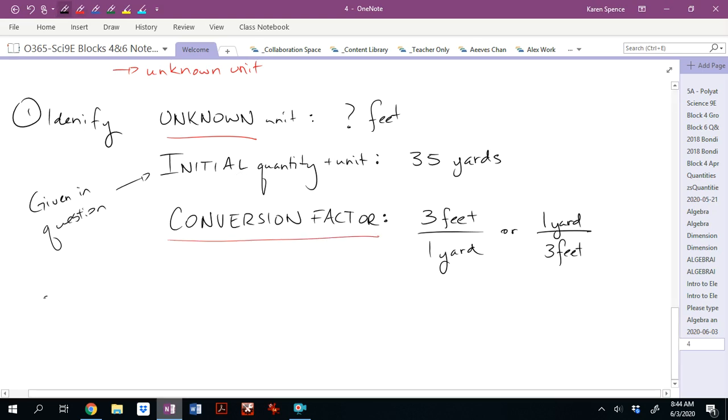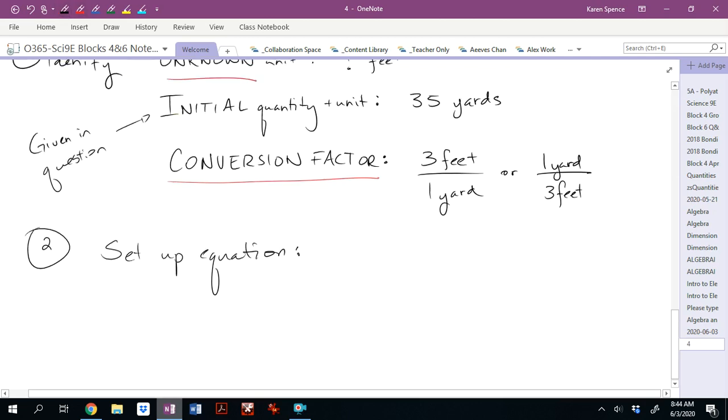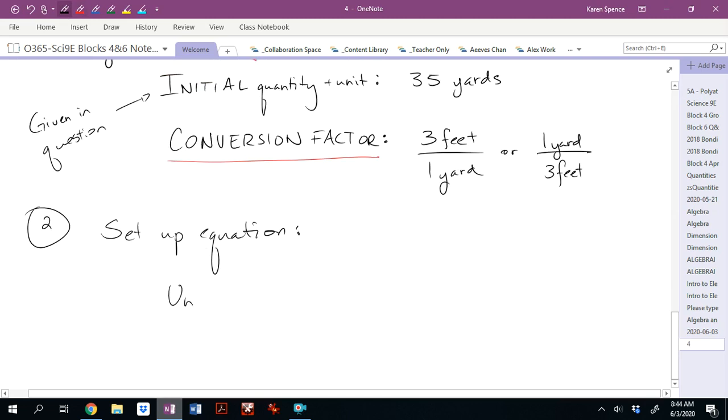And then step 2, we're going to set up an equation that looks like this. Unknown is equal to the initial quantity times the conversion factor.